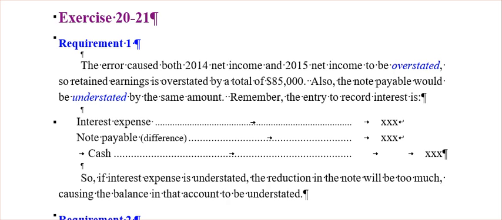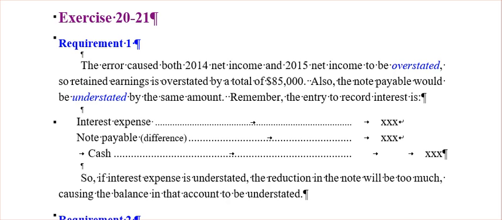If the cash amount is right, and I'm assuming they paid the right amount, and interest expense is wrong, then what else is wrong? Note payable. That's the assumption, based upon your knowledge of paying installment payments.